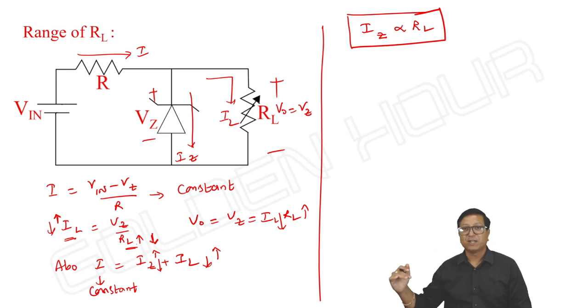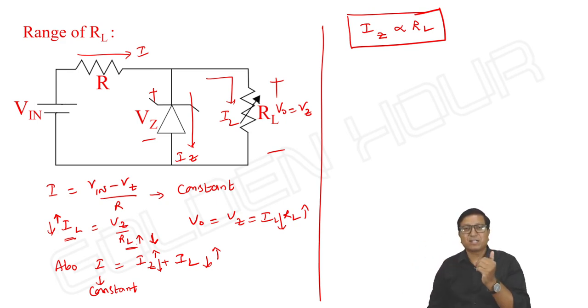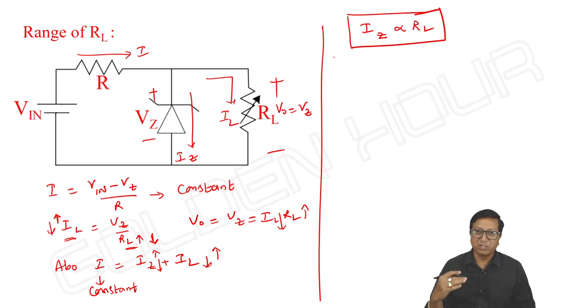If I reduce RL to maintain constant output voltage, what happens here? If RL decreases, IL has to increase to see that output is constant. If IL increases, automatically IZ has to decrease. So RL is minimum means IZ is minimum. You can reduce RL such that current through the Zener diode should not fall below its knee current.